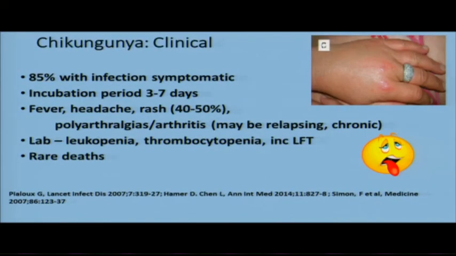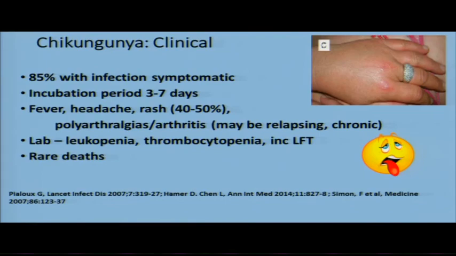The clinical picture, again, is very similar to dengue. People have fever, myalgia, headache, rash, incubation period usually pretty short. The big difference here is the arthritis and the arthralgias.